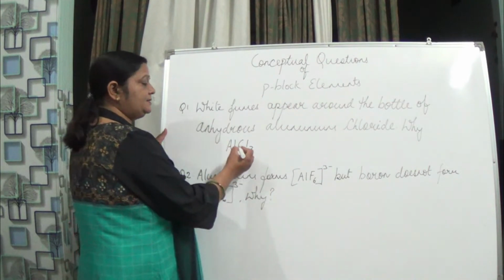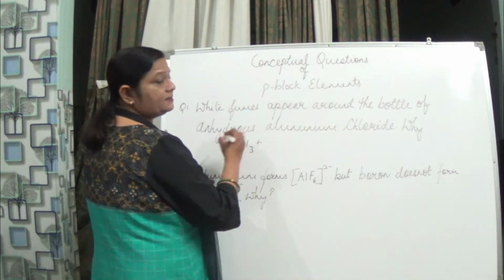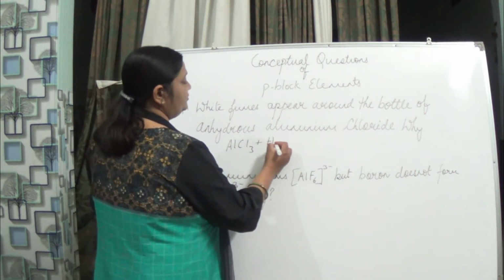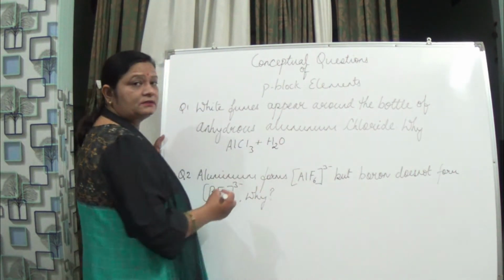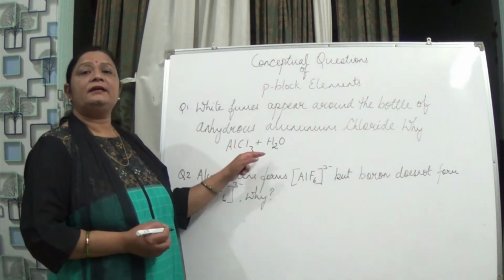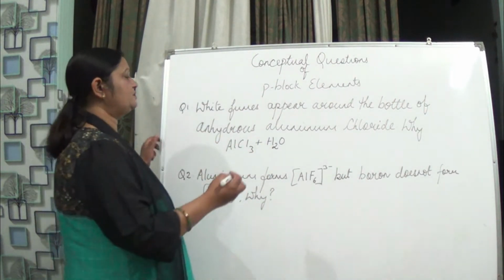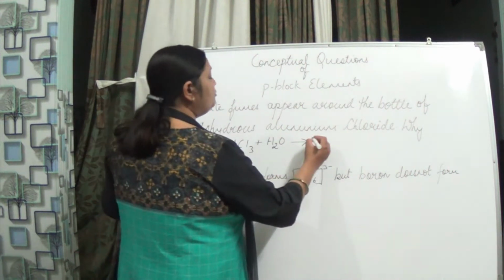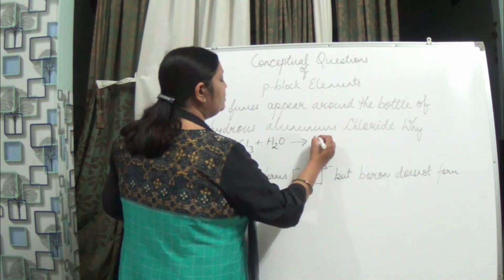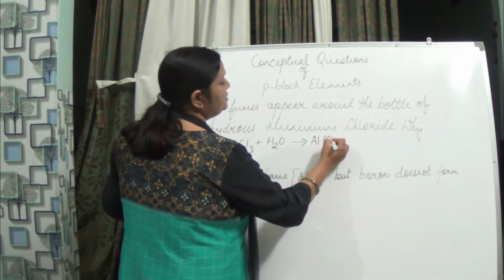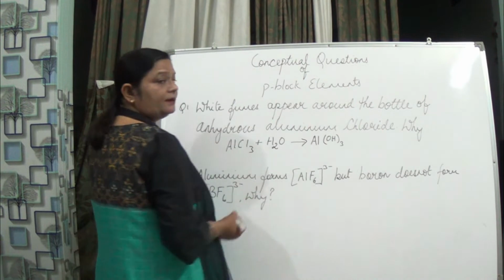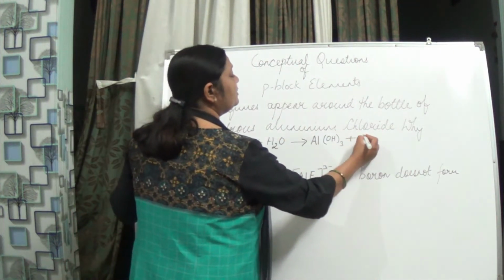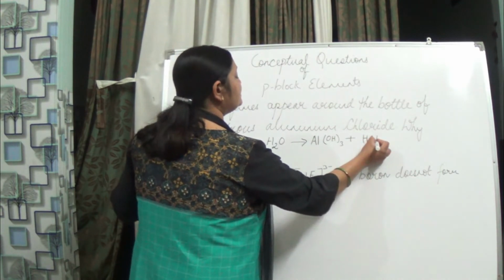Actually this AlCl3 reacts with the atmospheric water, it means the water present in the gaseous form in the atmosphere, and thereby it forms aluminium hydroxide, Al(OH)3. And here there is production of HCl gas.